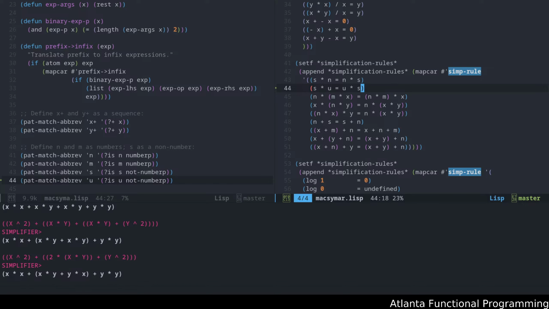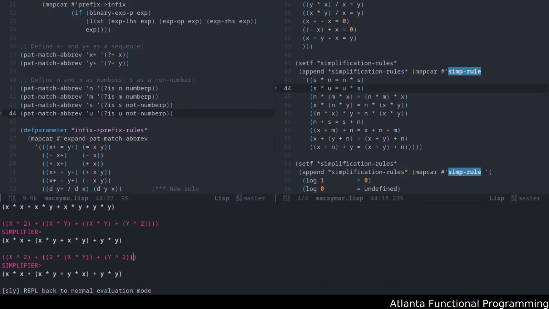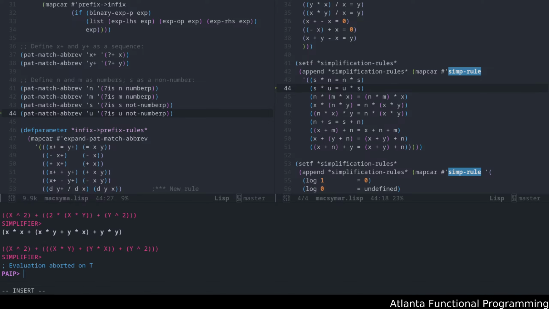And let's see if that actually extends what we need. Now, obviously, we need to reload this. So let's go ahead and update that following this. Go here, simplifier. We need to probably reload the simplifier.